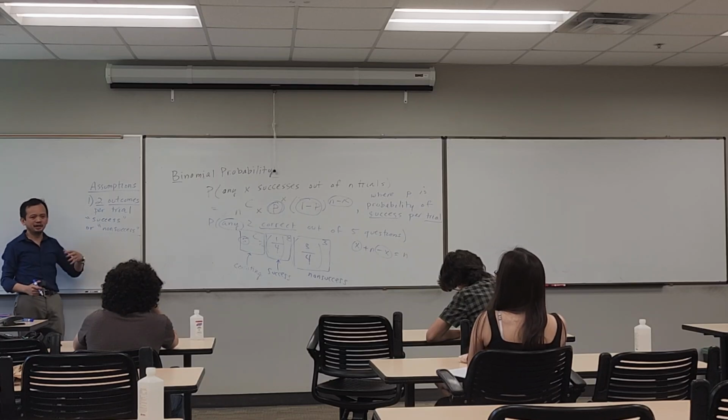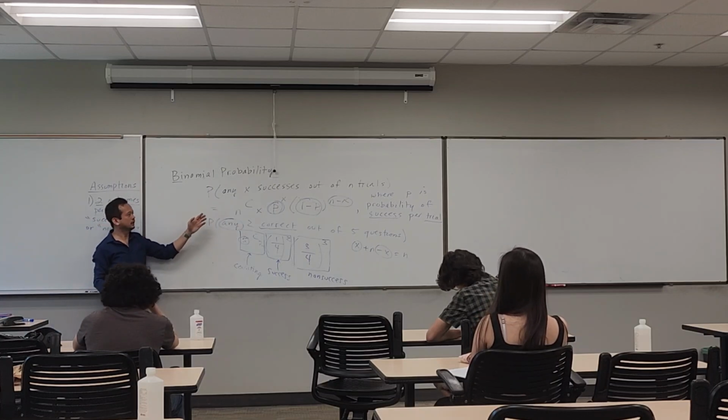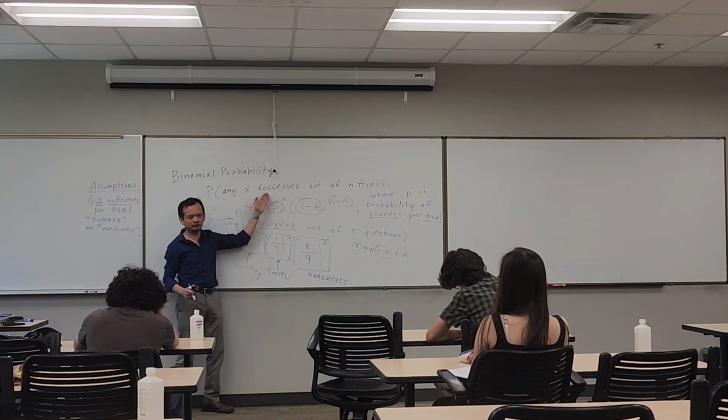But that doesn't mean that every time you roll a die, you can't use this binomial probability formula. It depends on the actual probability you're trying to find for that die.